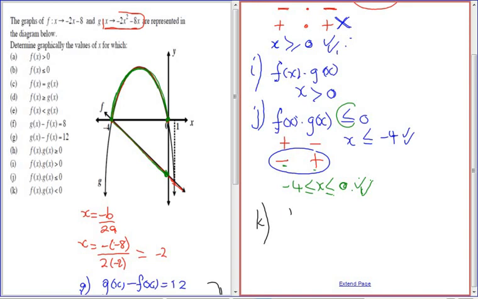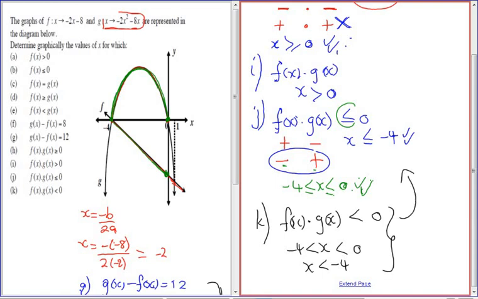Well, and then this one is exactly the same question. f(x) times g(x) is smaller than 0. It's just not including, so it will be exactly the same as the one that we did up there, except your solution will just not include the -4 and the 0. So this will be the solution for this one. It's exactly the same as that.